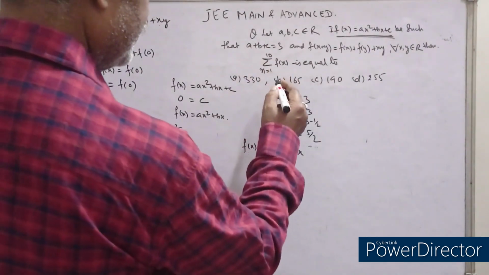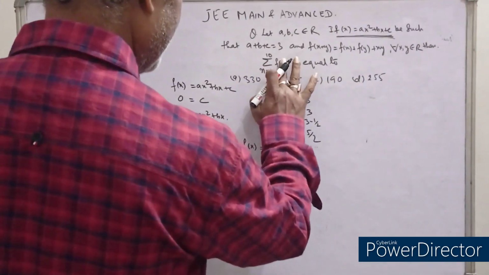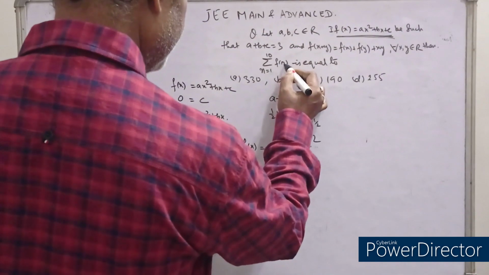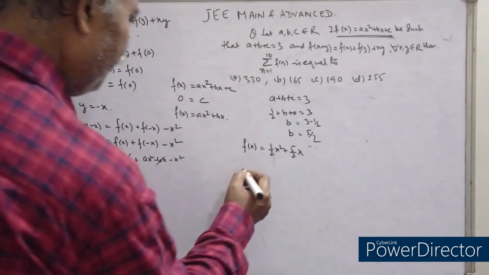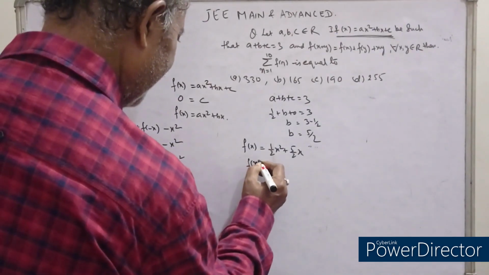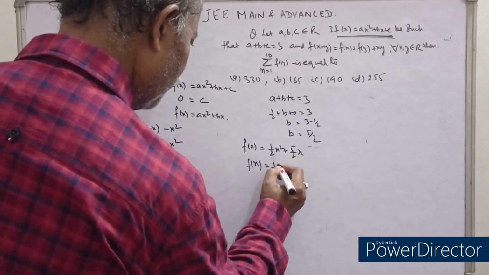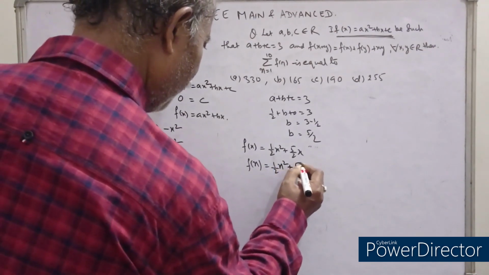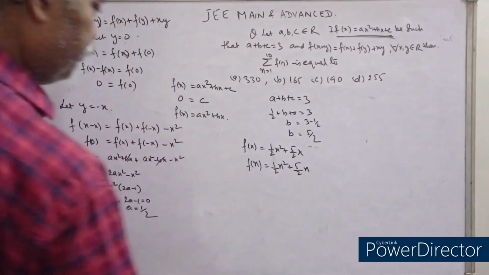So for this, if this is not x, this must be n, because here it is n. So f(n) will be 1 by 2 n square plus 5 by 2 n.